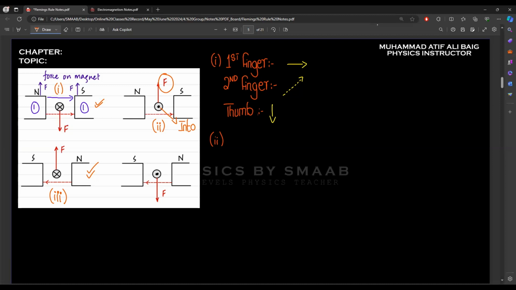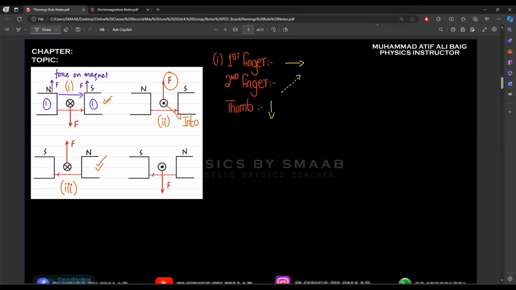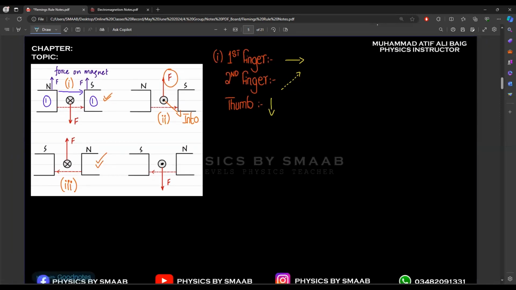And let's see what are the other concepts. Let's suppose they ask something like to increase the value or the magnitude of magnetic force.